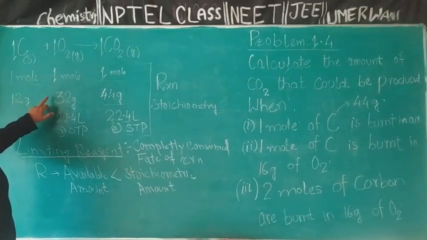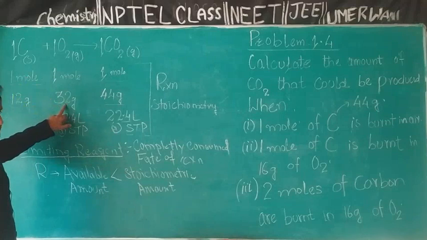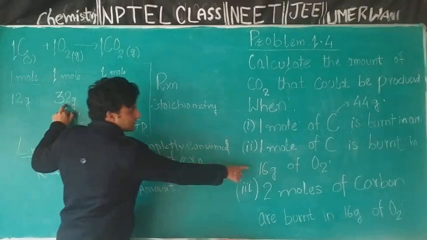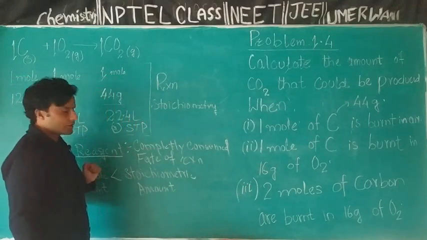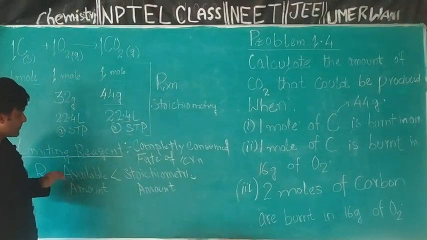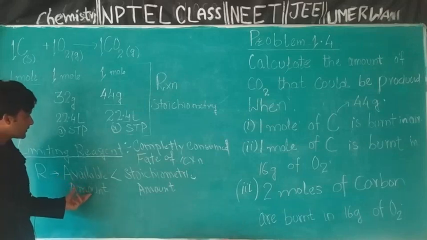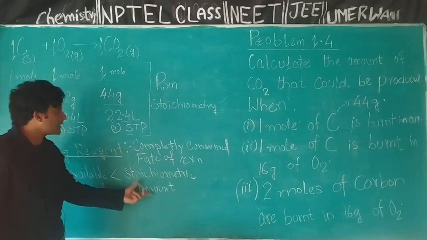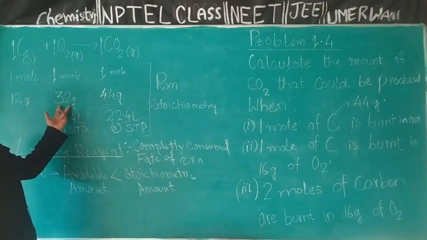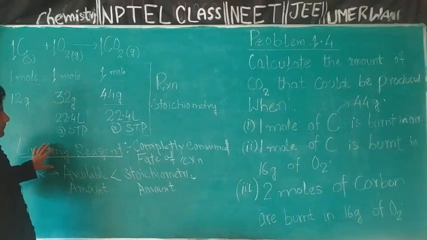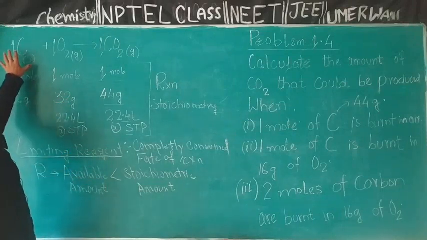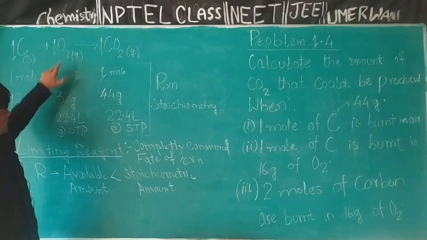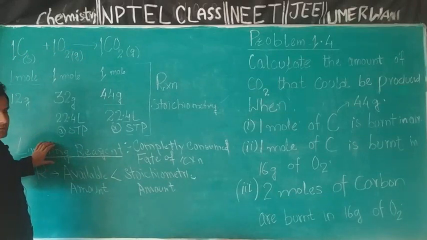For 1 mole of carbon, what is the requirement of oxygen in terms of mass? 32 grams, but available mass is only 16 grams. So the available amount, 16 gram of oxygen, is less than the stoichiometric amount, 32 gram. Therefore, in this reaction oxygen will act as limiting reagent.